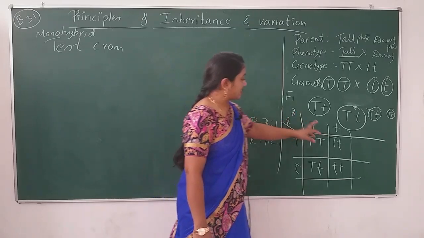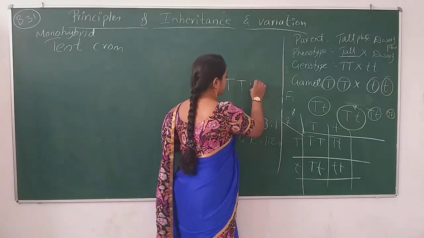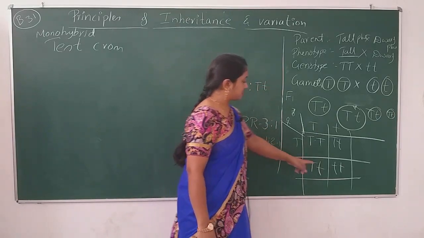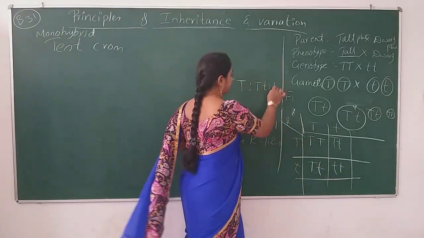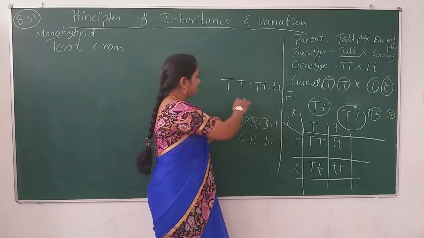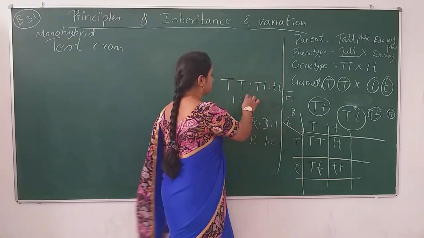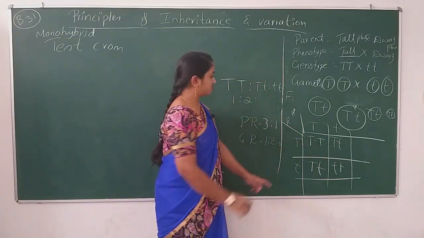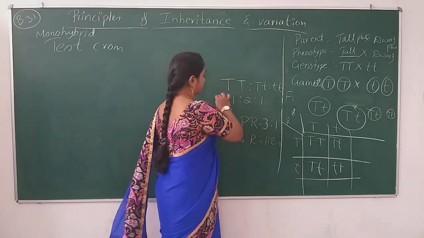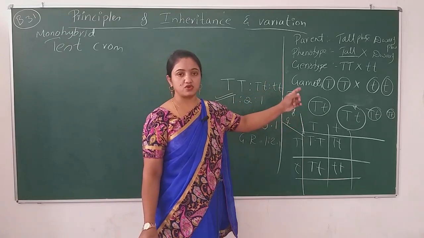Capital T, and then small t. Just count it. How many capital T's are there? 1, right? How many capital T, small t's are there? 2, right? How many small t's are there? 1. So what I have written here is the genotypic ratio of a monohybrid cross.